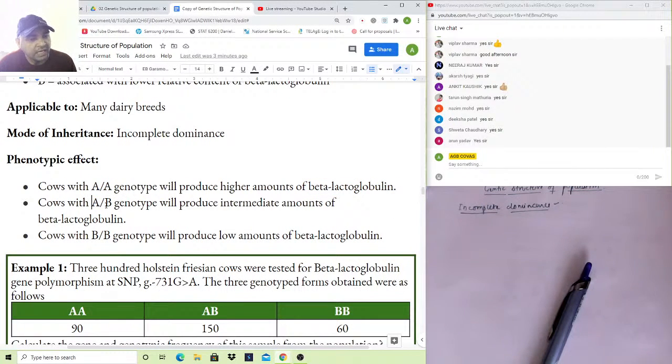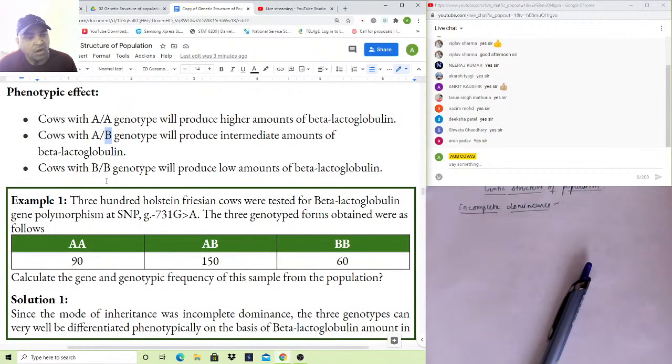If a cow has A and B, it will produce an intermediate amount of beta lactoglobulin, and cows with B and B genotype will produce a low amount of beta lactoglobulin. Now let us do an example from this particular illustration, and then we will try to enumerate the genetic structure of the population based on the occurrence of these alleles in the population.